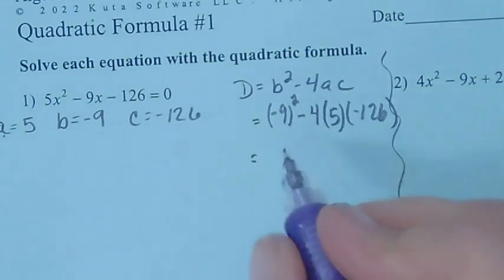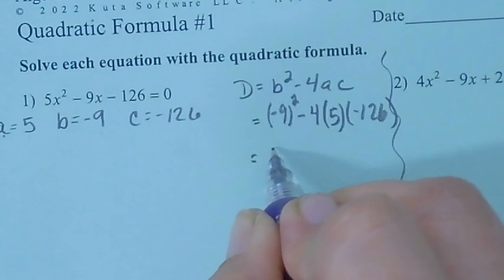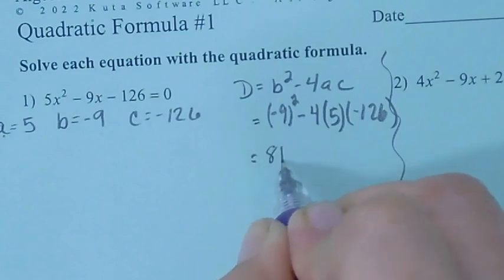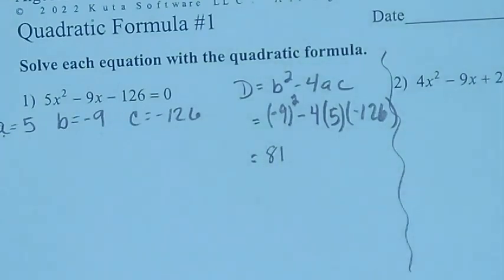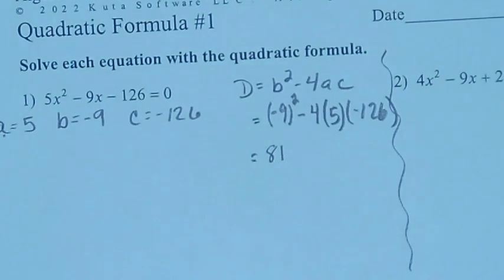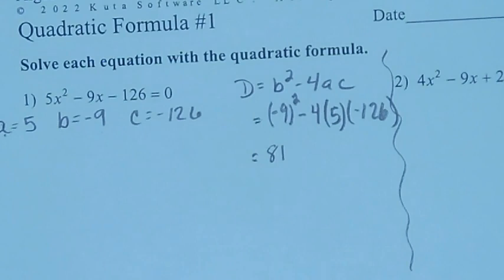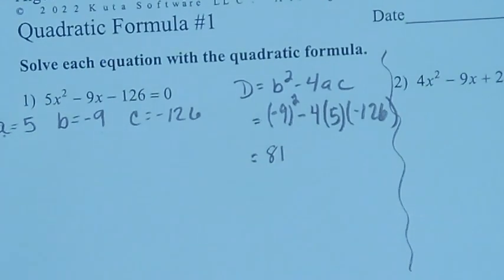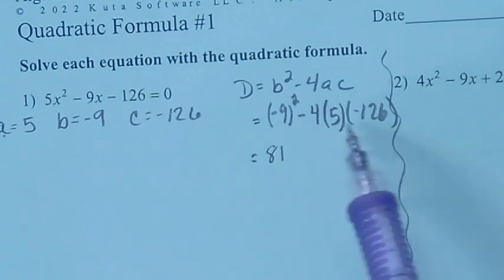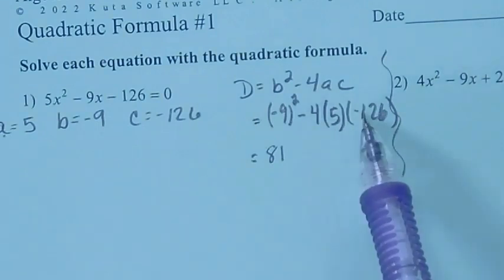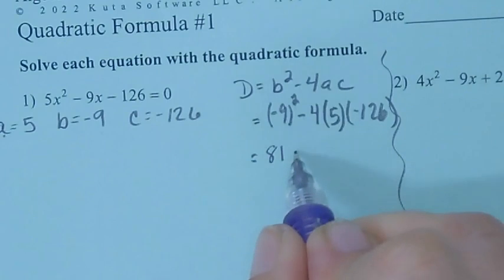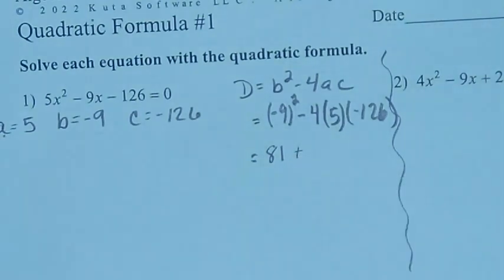So negative 9 squared is positive 81. Negative times negative is positive. Because we're squaring that term, whether you input a positive or negative number, it's always going to be positive. And then the back end, we have a negative times a negative, so this is going to be positive.